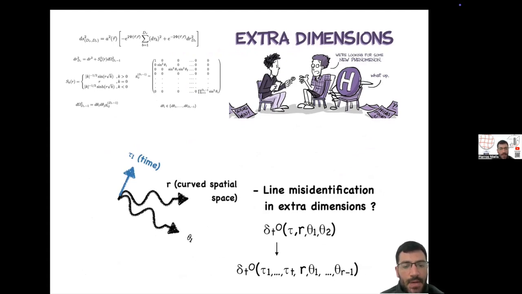Now we can add some angles and we can build extra dimensions on the spatial space, and we can add also some extra time dimensions in this one. Therefore, by simply adding dimensions in our formulation, we can consider these extra dimensions on our observations as well.